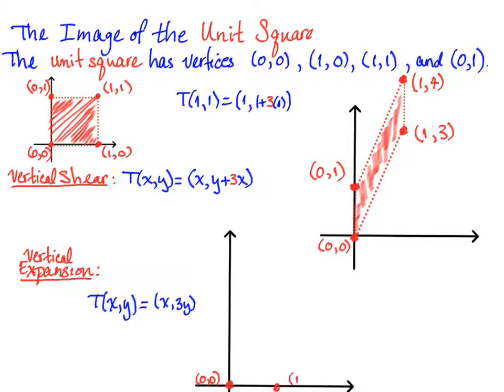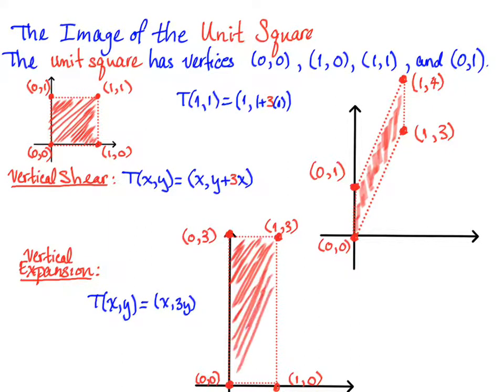So 0, 0 goes to 0, 0, 1, 0 goes to 1, 0, but the other two vertices get expanded upward vertically. So 0, 1 goes to 0, 3. 1, 1 goes to 1, 3. And so there's our image of our unit square.